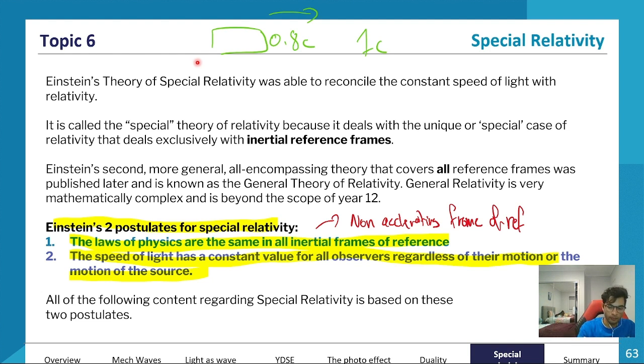And when that happens, we get into something called general theory of relativity. And that stuff is very complicated. Let's just say that you need a master's in physics just to understand what general relativity is. So that's why in VCE Physics, we just stick to special relativity, where things are non-accelerating.